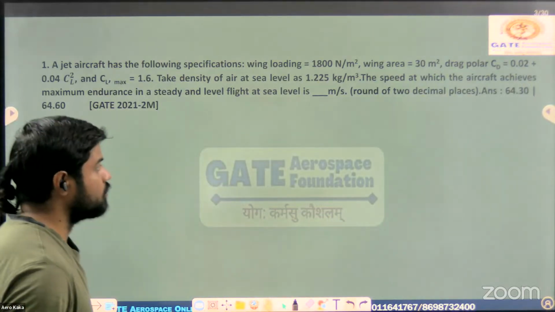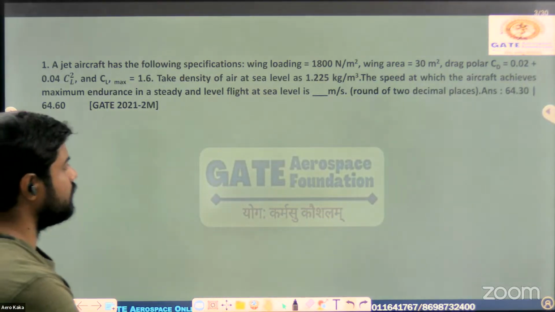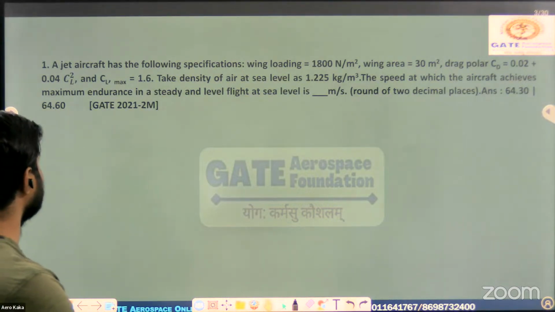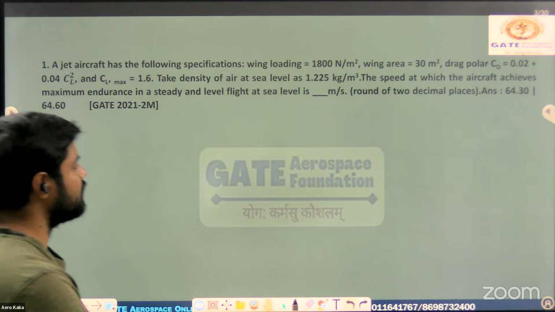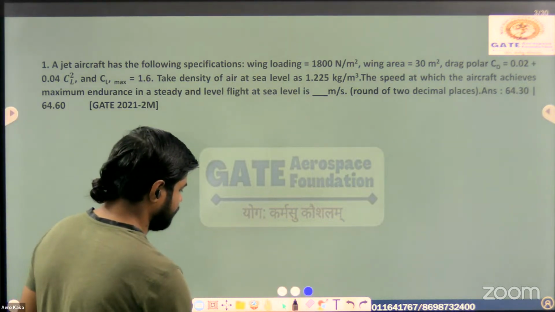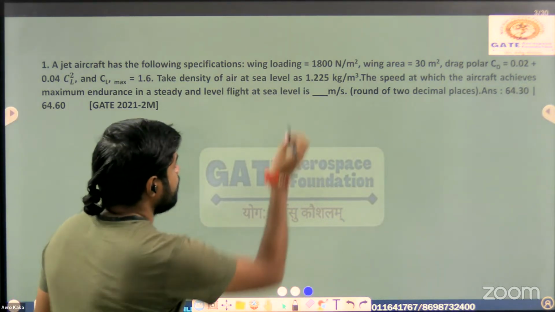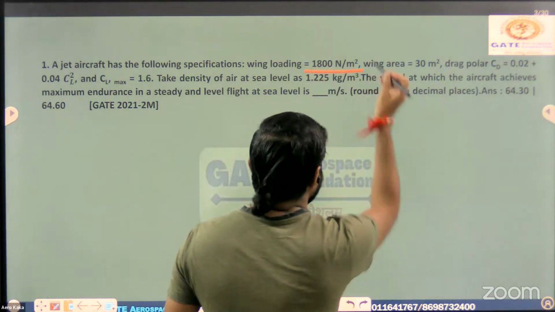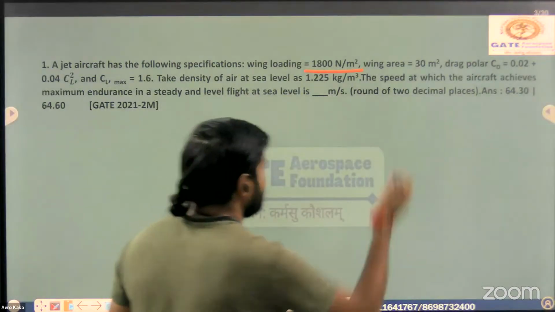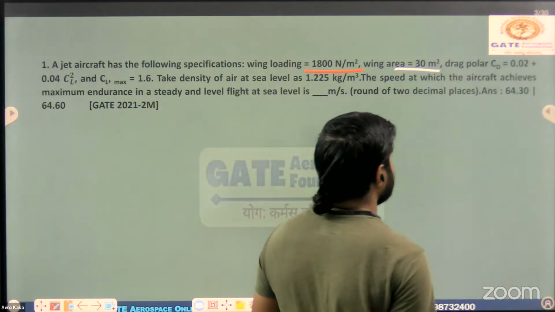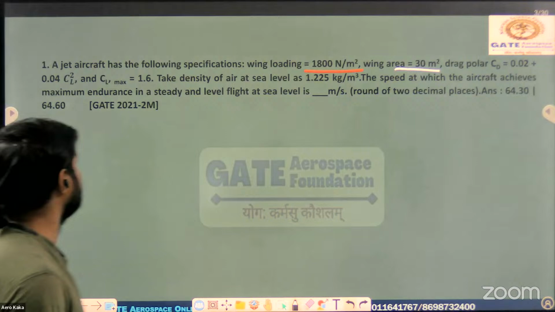Okay. So they have asked one question in GATE 2021. The question is that a jet aircraft has the following specifications. Wing loading is given, like 1800 Newton per meter square. Then wing area is given, 30 meters square. Drag polar of this aircraft is given.